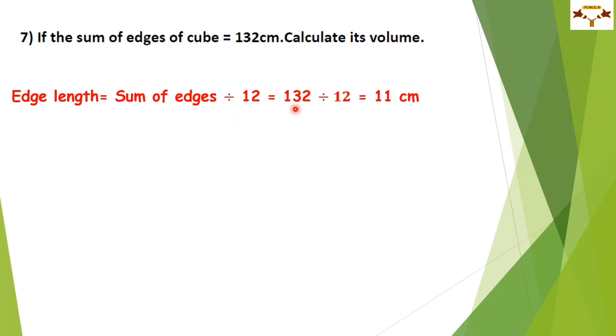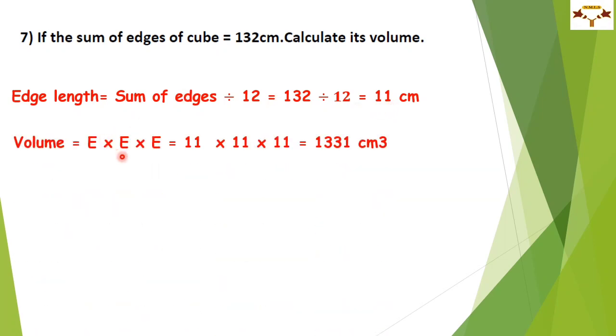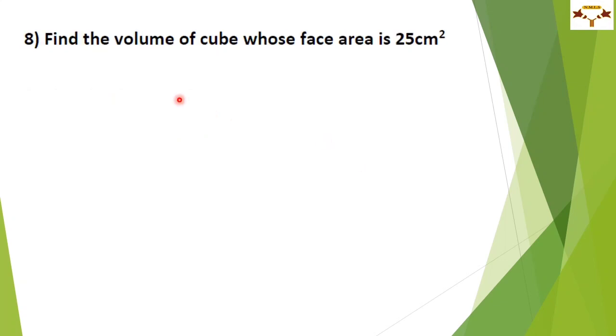So to find the edge length, divide the sum of edges by 12. Sum of edges divided by 12 equals 132 divided by 12 equals 11 centimeters. Now I have the edge length. Find the volume by edge length times edge length times edge length equals 11 times 11 times 11 equals 1331 centimeters cubed.